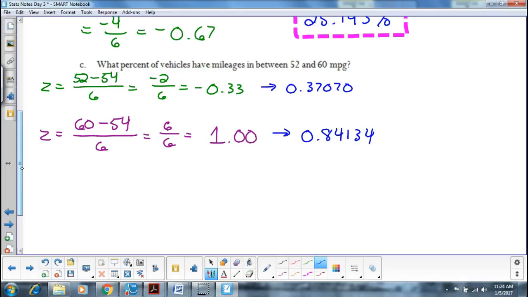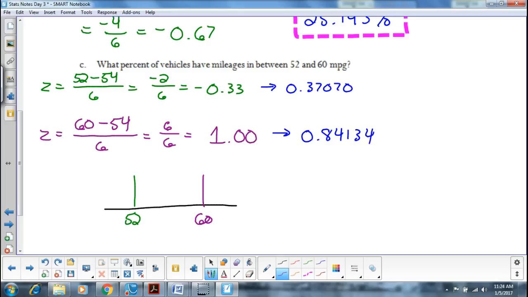Okay. So if I look at it in terms of a graph, right there is 52, right there is 60.